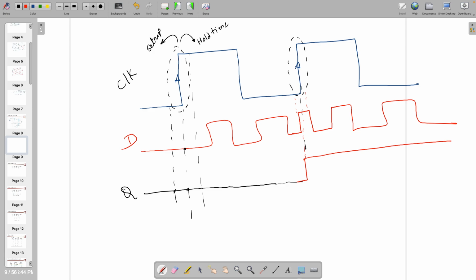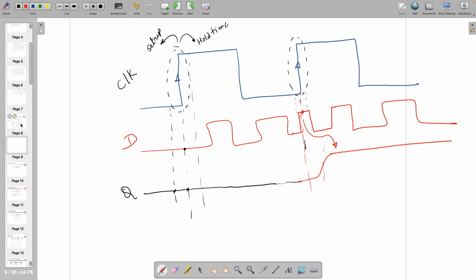I am drawing it exactly on the same edge. However, in reality the output will look like this one after some delay of this clock, right? But whatever was available here will be reflected over here after some time. So after the settled output, after the available worst case propagation delay, you need to check that. So that is over here.